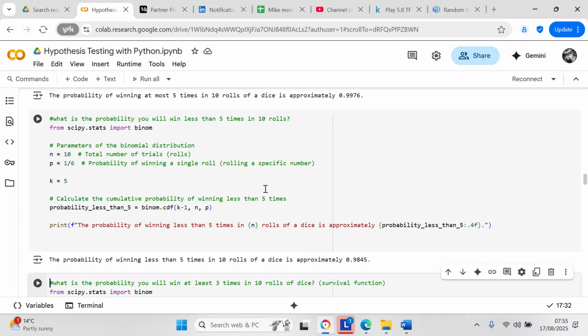Then we print the probability of winning less than 5 times in n rolls of dice is approximately probability less than 5. So that's 0.9845. So the probability of winning less than 5 is 0.9845. In the previous question, you used a different function with the binomial, and you had a slightly higher rating.